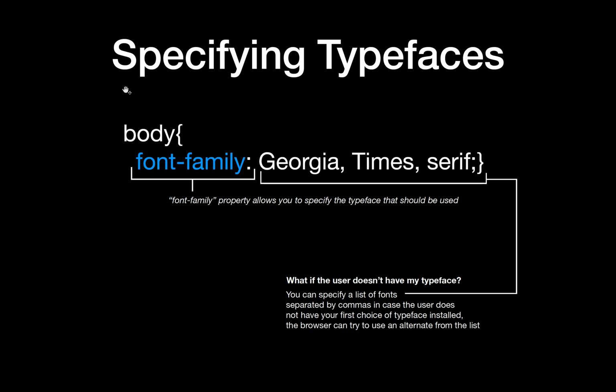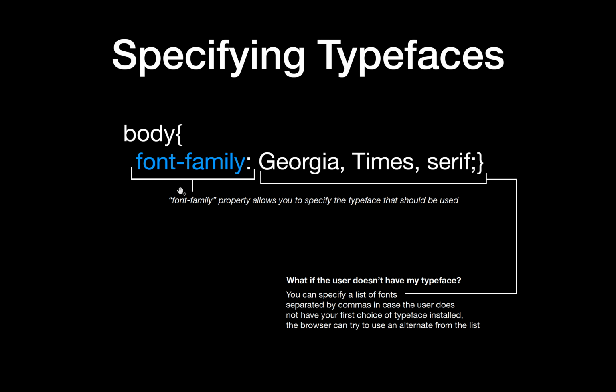So color demo, we'll do that in class. Thinking of text. So how do we modify text with CSS? Specifying typefaces, okay? So when we're specifying typefaces, so for example, we wanted to specify the type family for the whole body of our web page, right?